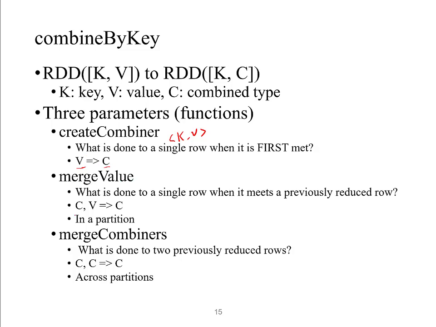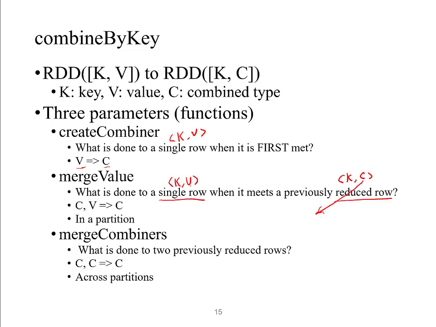For merge value, you have C and V as the input types. This is because merge value asks what is done to a single row, which is a key-value pair, when it meets a previously reduced row, which is already a KC pair.